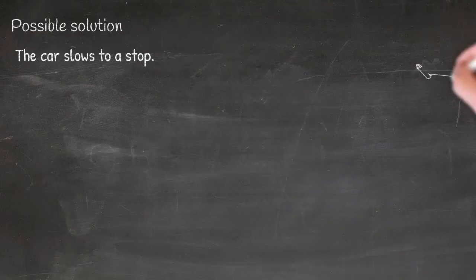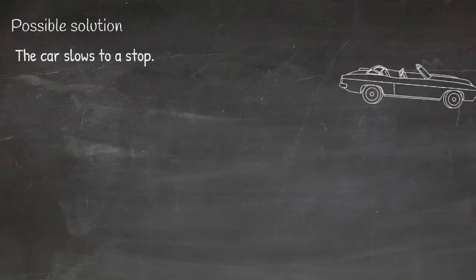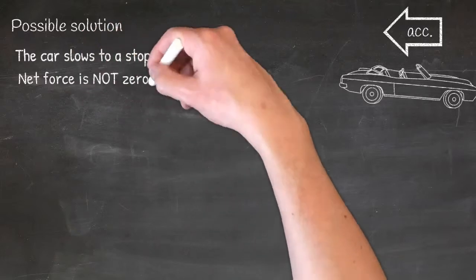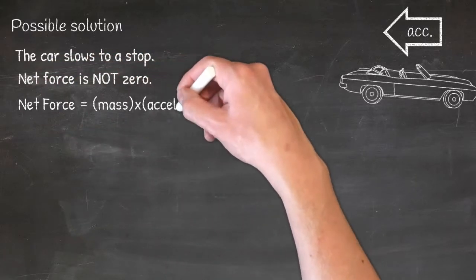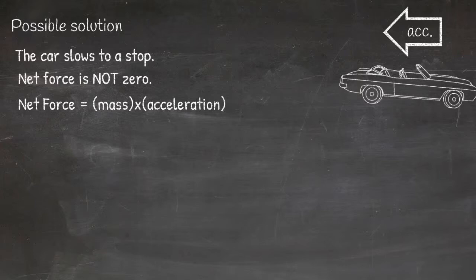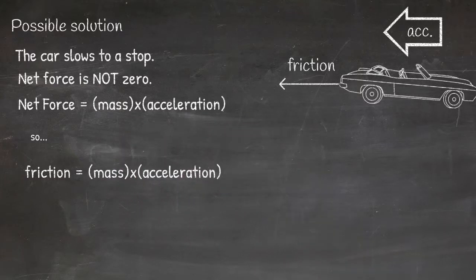Now the car slows down to a stop, which means it is going to accelerate, which means the net force is no longer 0 in that direction. If it's not 0, then we'll use Newton's second law because the car is going to accelerate. So the net force is the mass of the car times its acceleration. The force being applied here for our net force is friction, which we don't know.